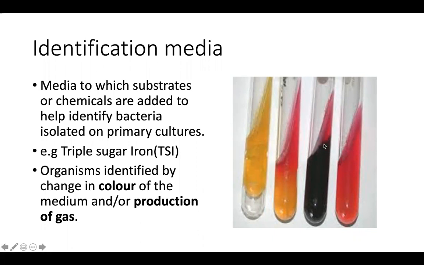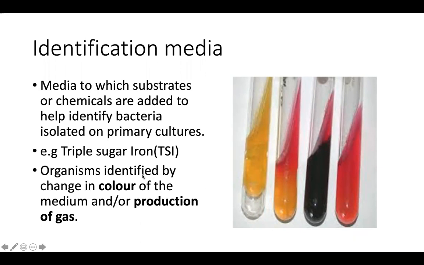When you're looking at the different bacteria, you'll be taught which bacterium gives you this yellow reaction, which gives you this yellow and pink, which produces hydrogen sulfide, because this black color shows that there's production of hydrogen sulfide gas. This is referred to as triple sugar iron, TSI. We'll not go into the details. You're going to learn a lot about it when you're looking at the enteric bacteria.